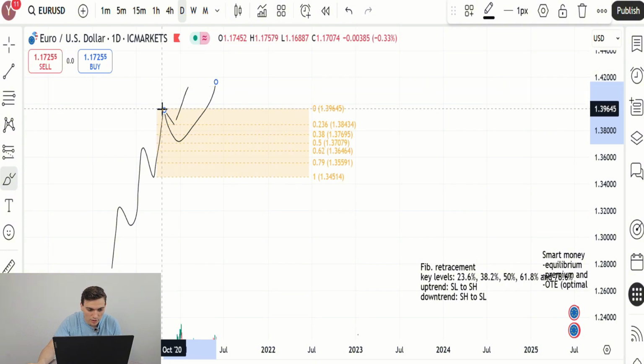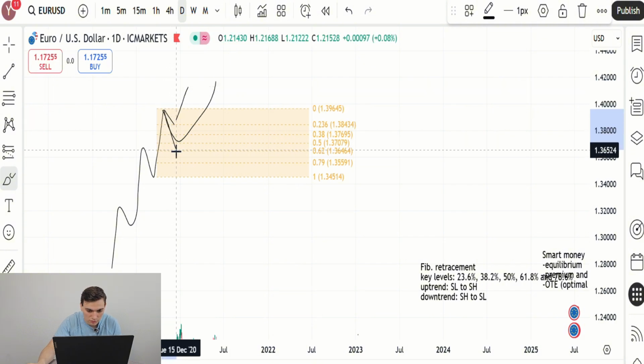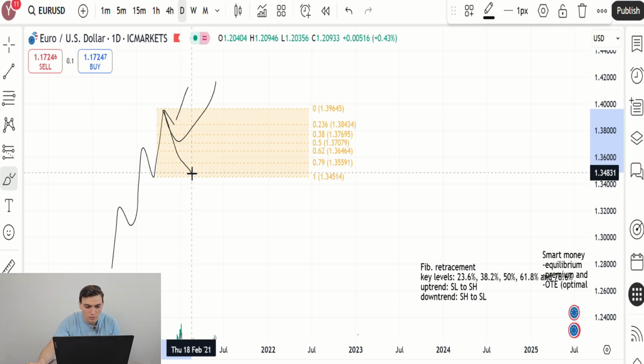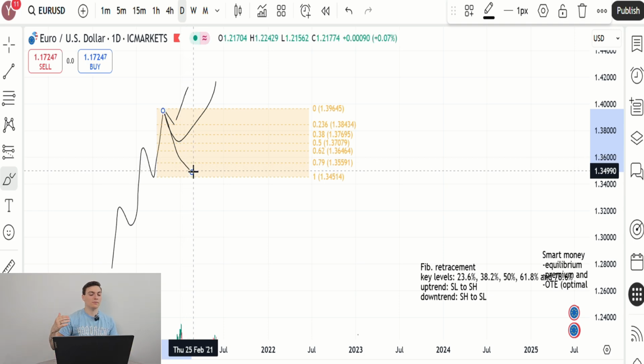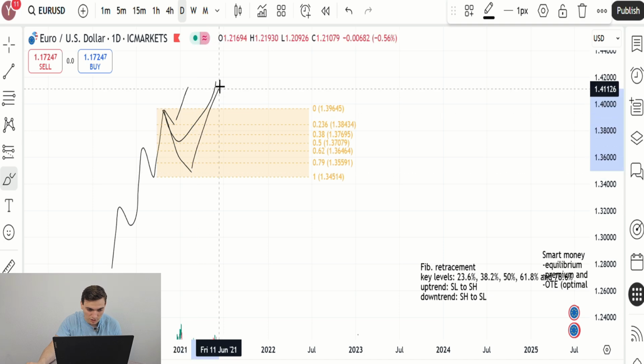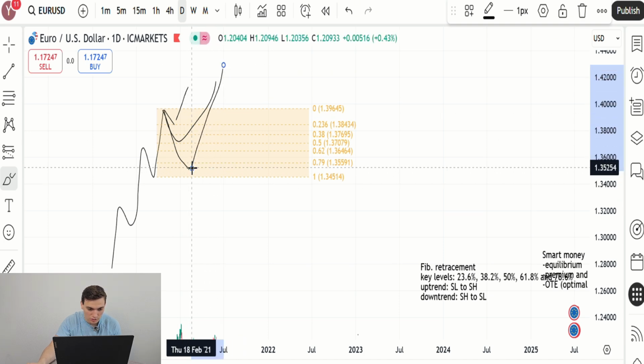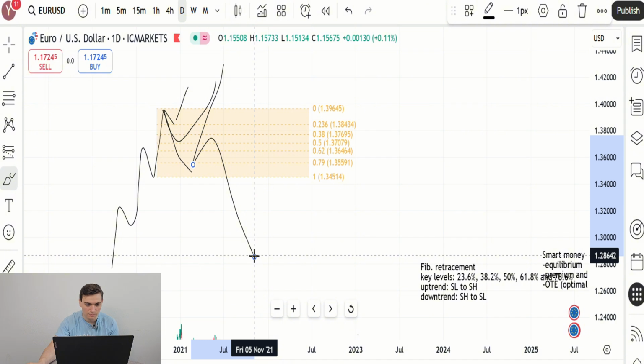But if it goes all the way to the 0.79 and close to the 1, then it's a weak trend, and it might do a reversal. Not always, of course, price can just go up from here, but it can also go down from here, and that's how we calculate it.